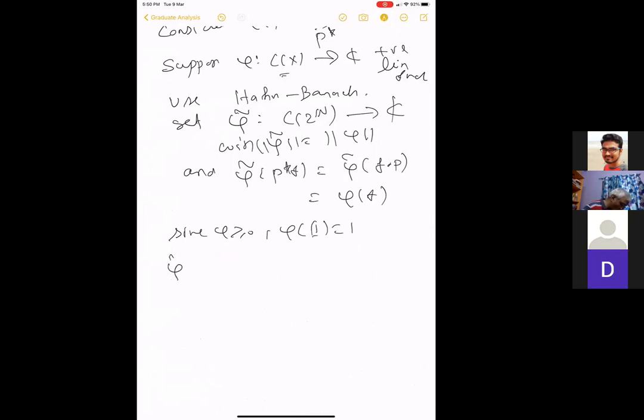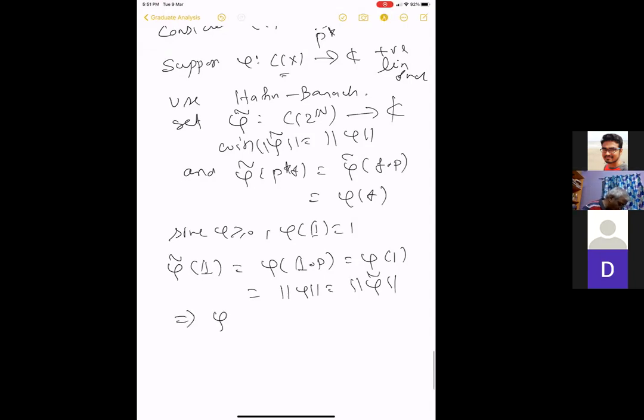So phi tilde of 1 equals phi of 1. Here 1 is on the Cantor set and there it is on X, which is equal to the norm of phi, and which is the same as the norm of phi tilde by the Hahn-Banach extension.